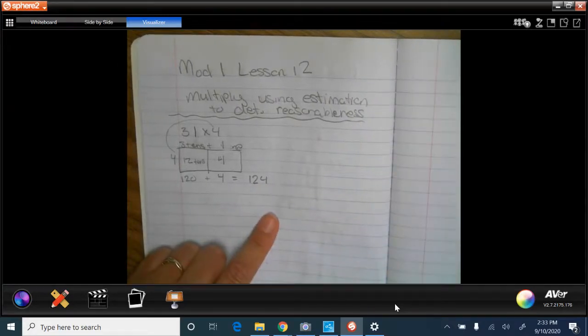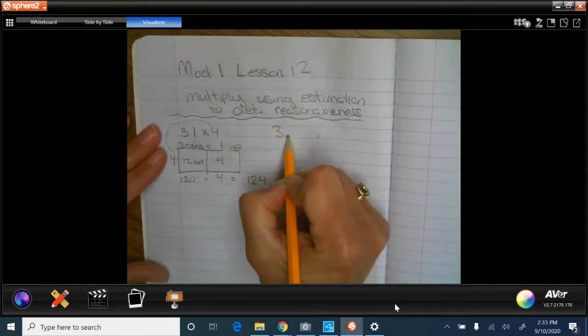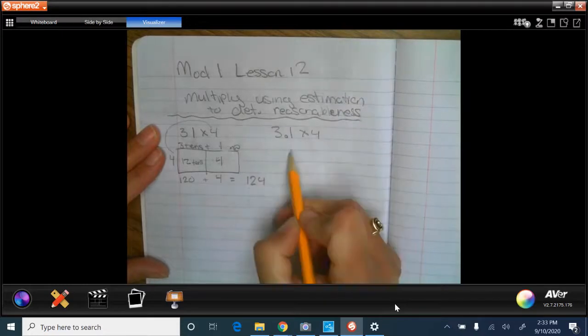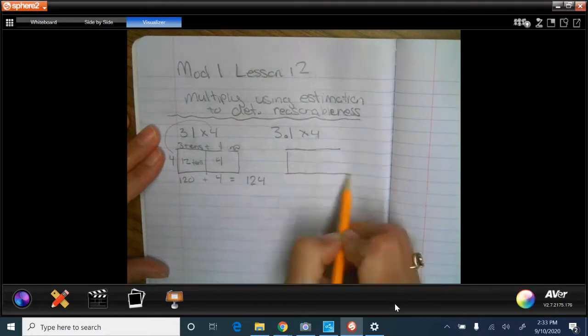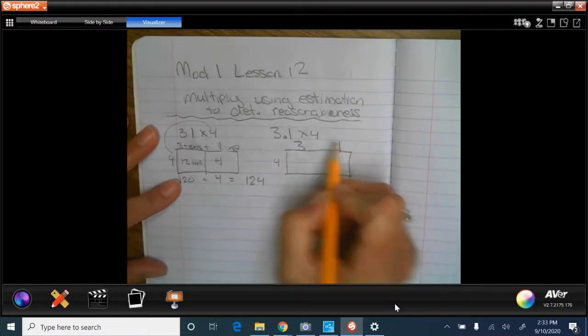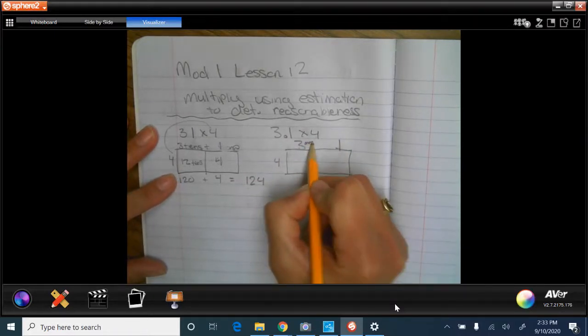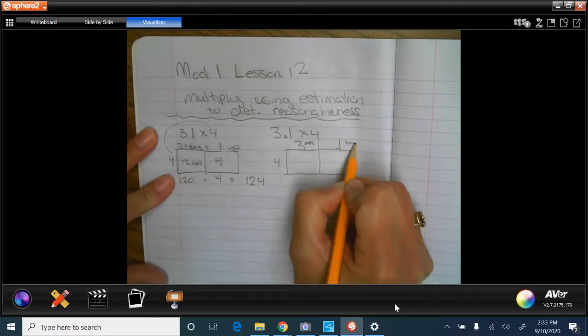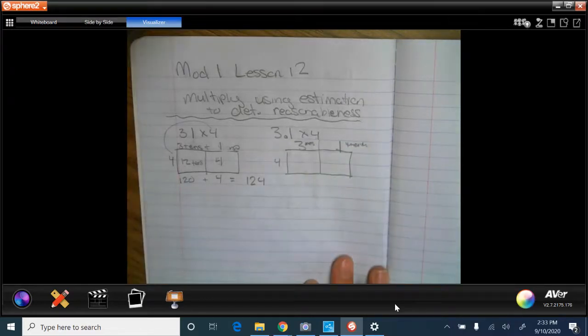Let's try the same problem with 3.1 times 4. Well, if we were doing that exact same area model, I'm just saying 4 here, 3 here, 1 here, only this time this is in the ones place and this is in the tenths place, right? That's the only thing that changed.